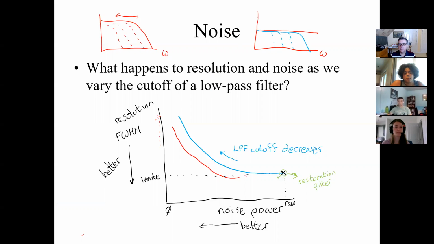The total noise power is going to be the area under that spectral curve. So as we decrease the cutoff of that low pass filter, we are moving this way with respect to the noise. That's the more detailed way of arguing why this thing goes that way.